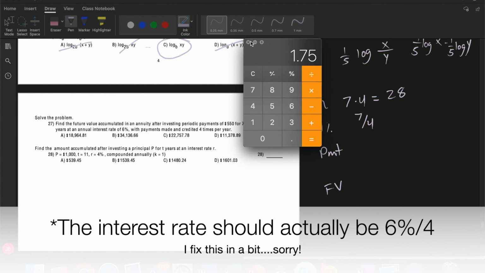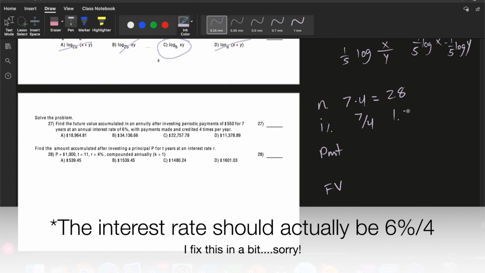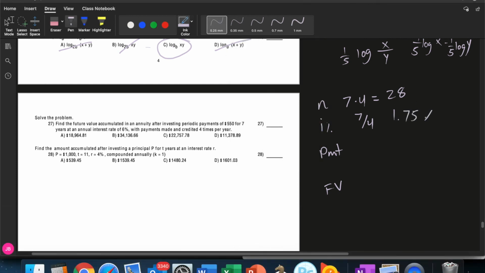Okay, so we get 1.75%. Remember, this is percent. This isn't in decimal yet. We may need to change it. And the payment is going to be $550. And if it's an ordinary annuity, which it is because it hasn't told us anything else, then the payments are going to be made at the end of the month. That's for all ordinary annuities.